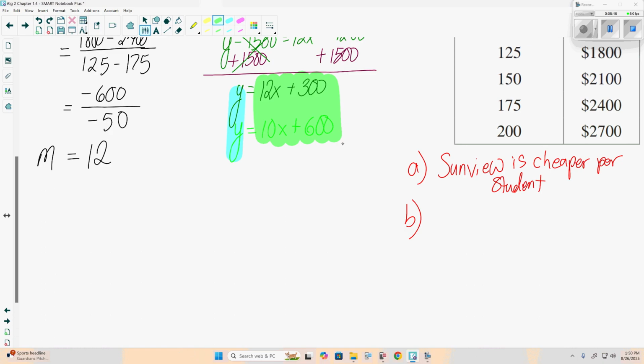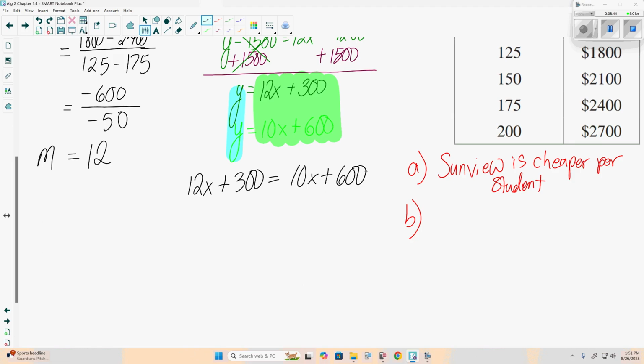So what we want to do is set 12x plus 300 equal to 10x plus 600. Because this will tell us what value of x will make these two equations be the same. Yes? What can we do first?